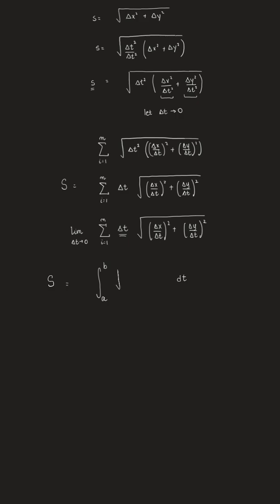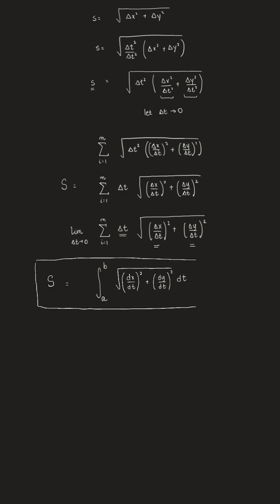As I mentioned earlier, we can apply the mean value theorem to each of these quantities in each subinterval, but that's just going to be the derivative dx/dt squared as delta t gets very, very small. And for delta y over delta t, we're going to have dy/dt squared. So now we're dealing with infinitesimal changes in x and y with respect to an infinitesimal change in t. And this is what we call the length of the curve from a to b.